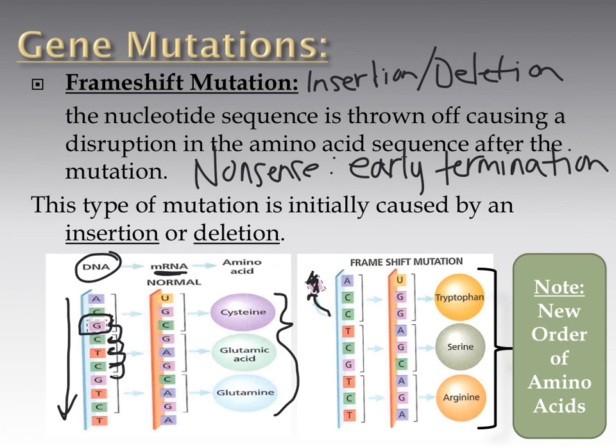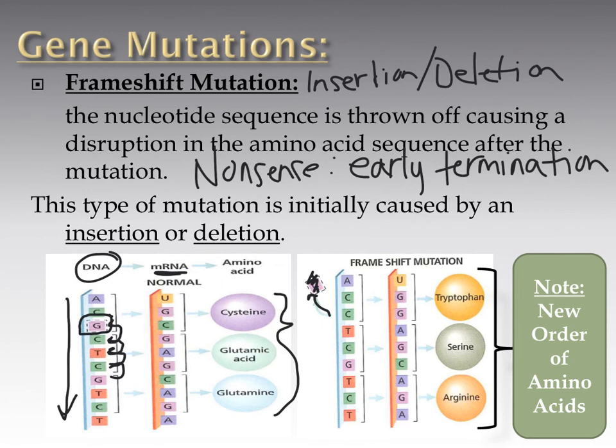So it's called an early termination. You're supposed to have many amino acids coming after that, but if you somehow get a mutation that changes a codon to those 3 stop codons, the UAA, UAG, or UGA, translation is going to stop at that point, and it's not going to pick back up again until it finds another start codon.